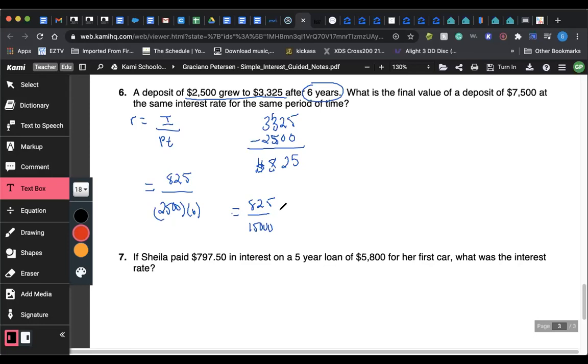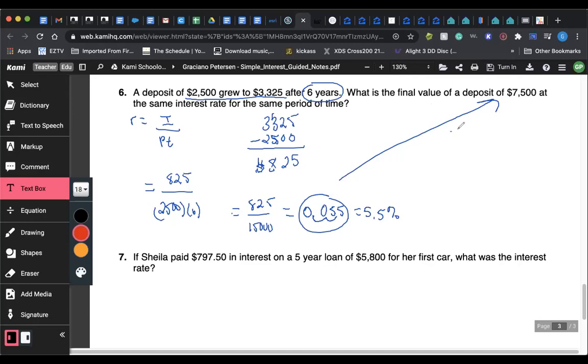So 825 divided by 15,000, what did you get as your rate? 0.055, which is actually 5.5%. You move the decimal over twice. But we are going to use the decimal rate when we calculate the other part, because now it wants us to find the final value of $7,500 deposited at this same rate for the same time.